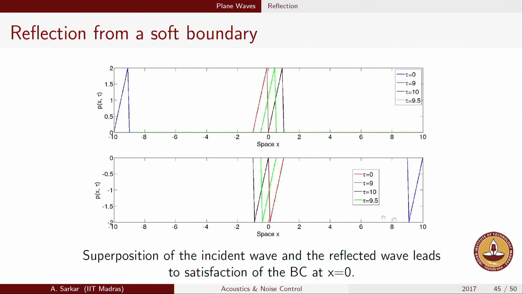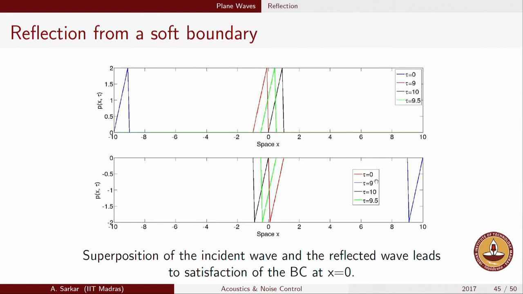Now, what happens at 9? This backward wave has just reached the point x equals 0, right. So, sorry, the red color corresponds to tau equals 9, the blue color corresponds to tau equals 0.